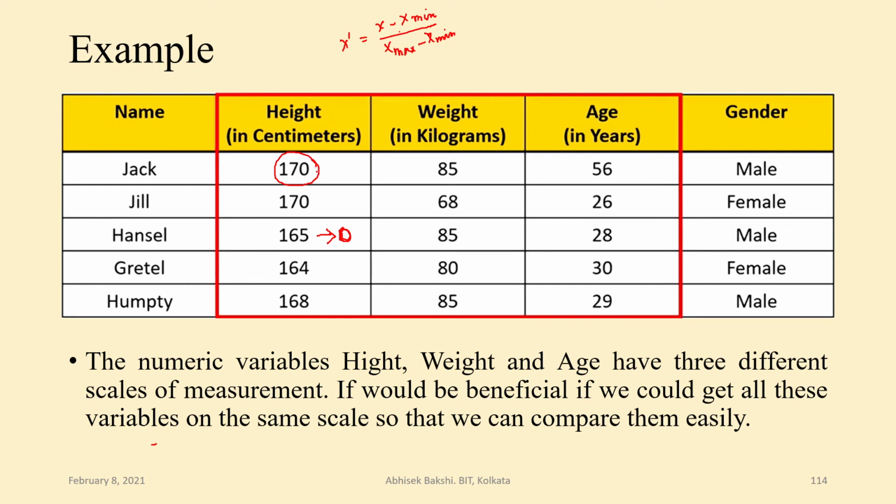If you want to scale this 170, then x is representing x max, so the numerator is x max minus x min, and in the denominator we have x max minus x min. If you divide, it equals 1. So you can easily say that this will scale between 0 and 1.